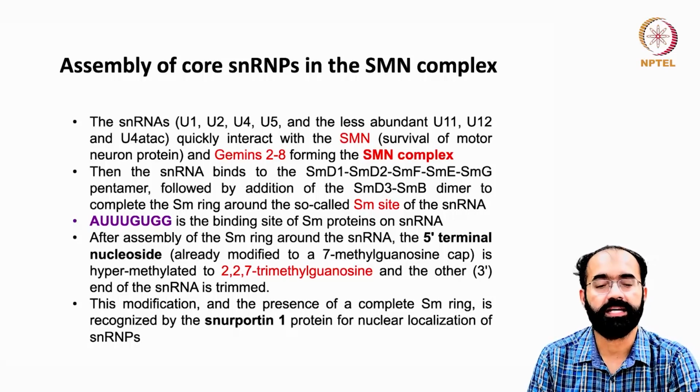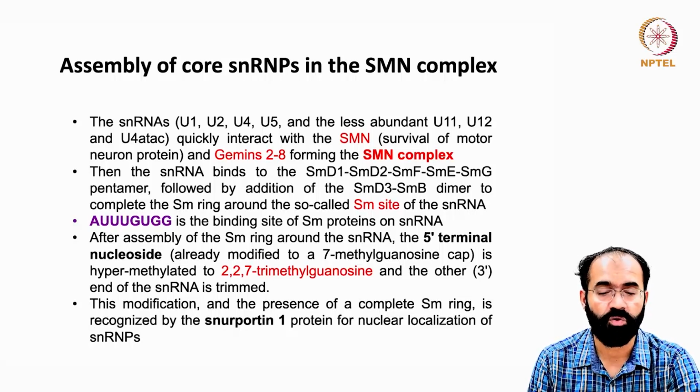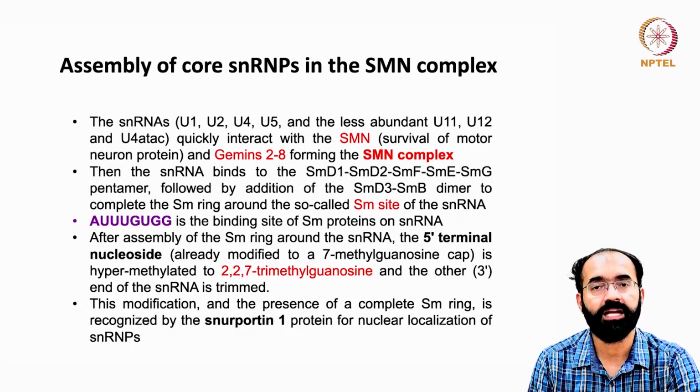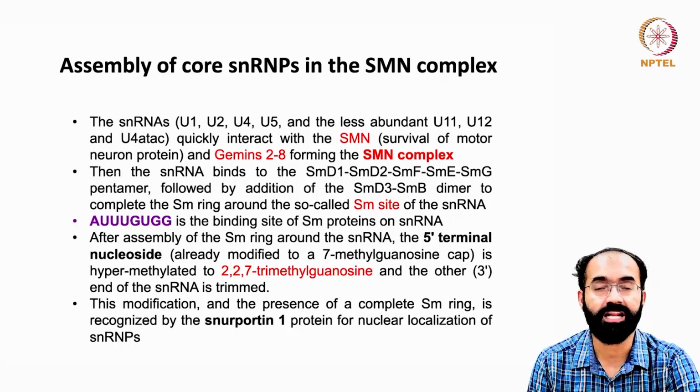If you look further into the assembly of core snRNPs and the formation of the SMN complex, let us see how it is important. The snRNAs we know clearly are U1, U2, U4, U5, and there are two more. We said the minor spliceosome has U11 and U12.